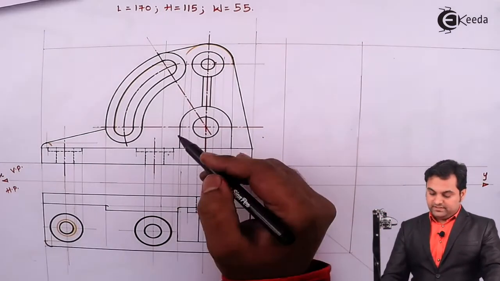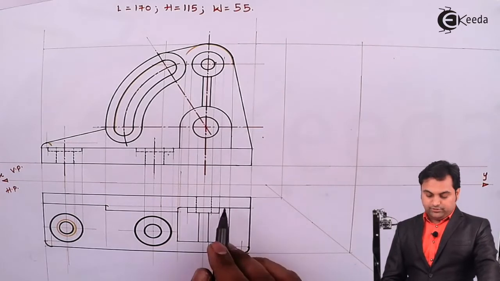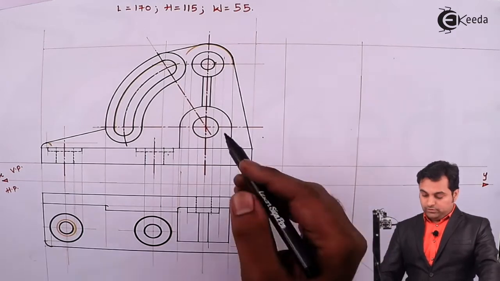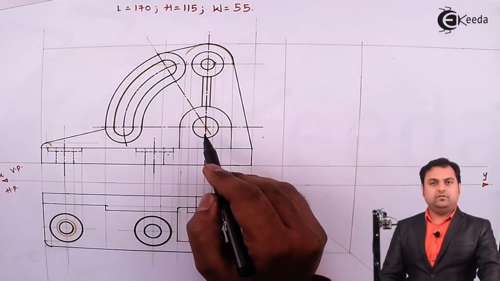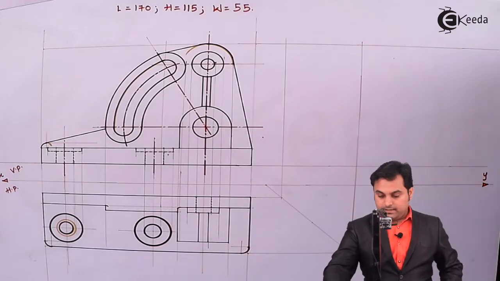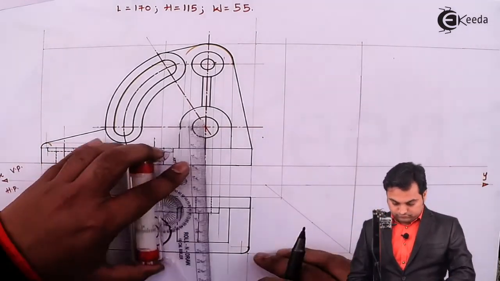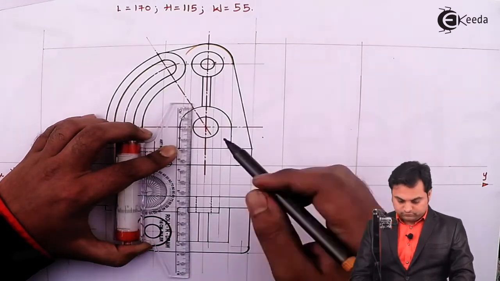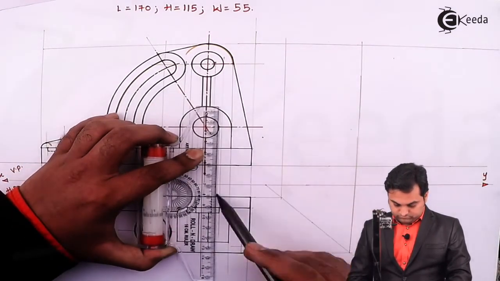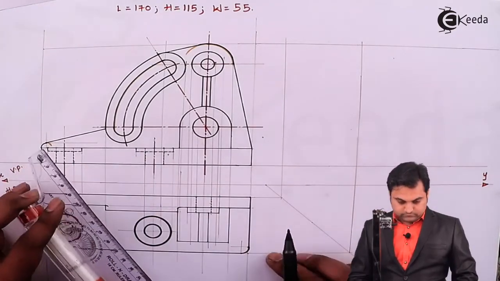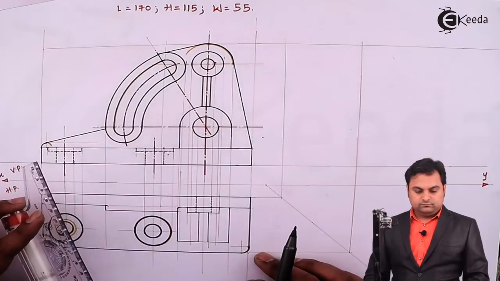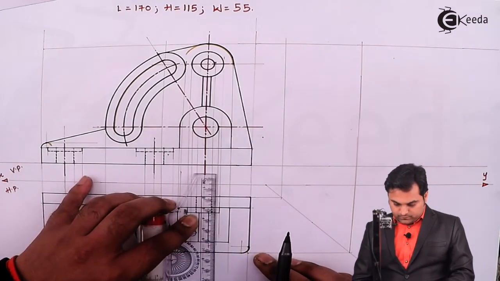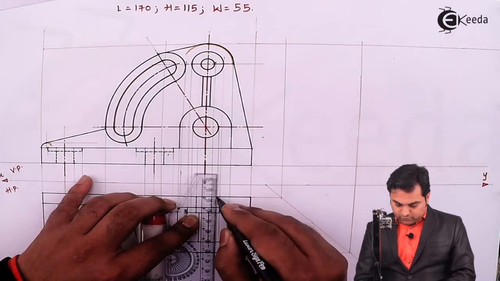Then inside this semicircular part, which is here in the front view, we have projected here into the top view. Now this internal circle will also be shown as hidden in the top view, that will also be through.